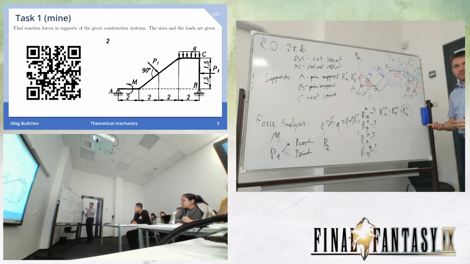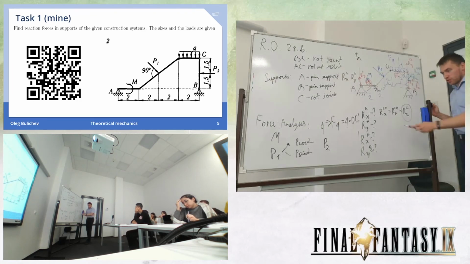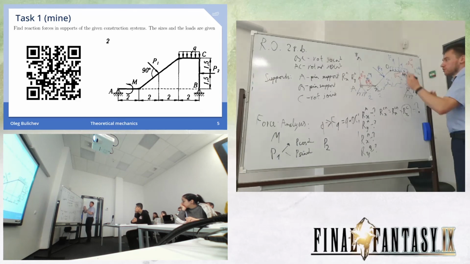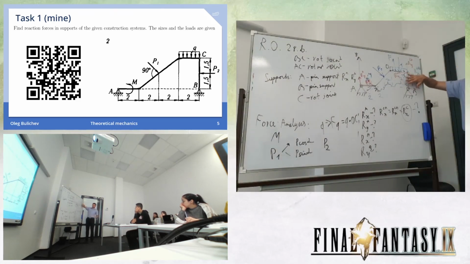In our case, how can we show that they're connected to each other? What does the constraint mean? What does this line mean? When we are looking from this body, we have an external force, because force is an interaction between two bodies.